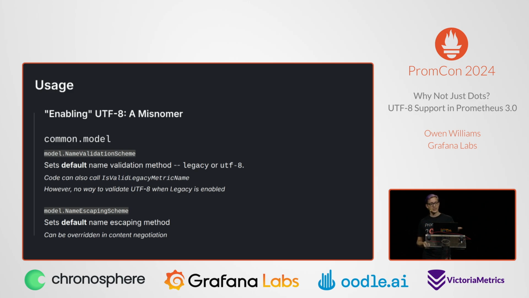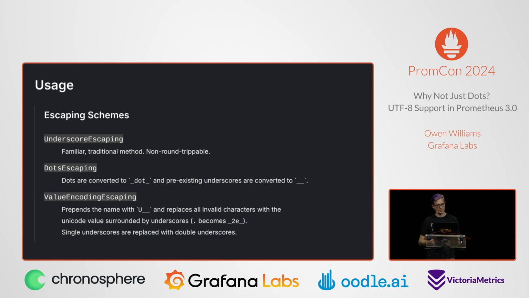And so through content negotiation, the metrics producer can figure out that the consumer does not support UTF-8, and it will escape the metric and label names to a legacy valid system. And again, here's a library flag where you can set what the default escaping scheme is. By default, it'll be underscore replacement, but it does not need to be.